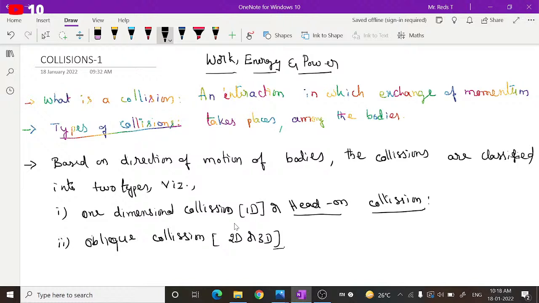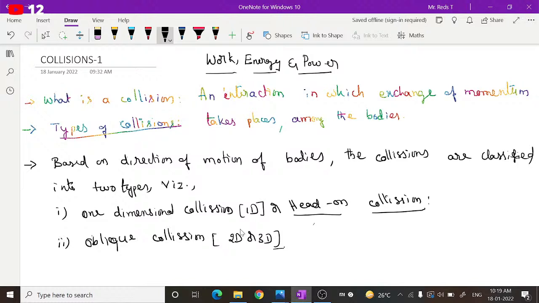One dimensional collision means, what did we discuss? You can go through your notes if you copied them earlier. A one dimensional collision is when the bodies move along the same line before and after collision. You can also say if the velocities of colliding bodies are in the same direction or in the same line before and after collision.